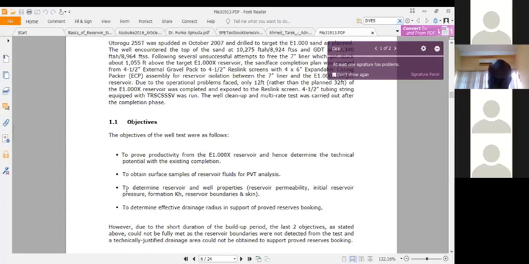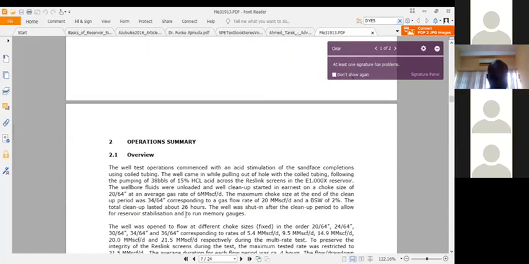Look at point 3, to determine reservoir and well properties: reservoir permeability, initial reservoir pressure, formation KH, that's the permeability thickness product, reservoir boundaries, and skin. And what's that for? To determine effective drainage radius in support of proved reserves ratings.